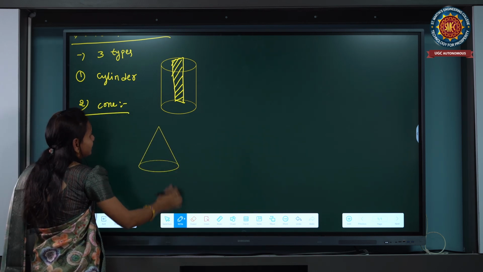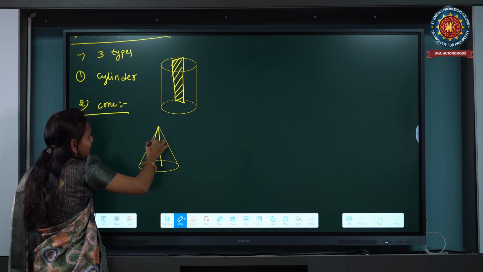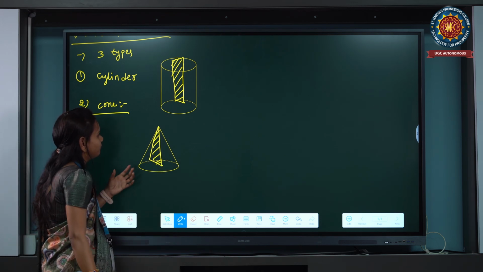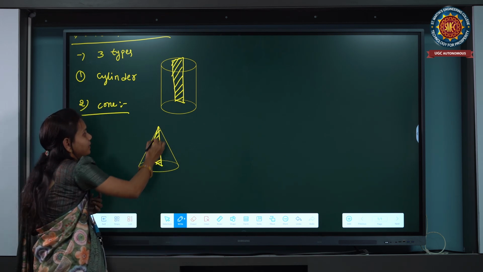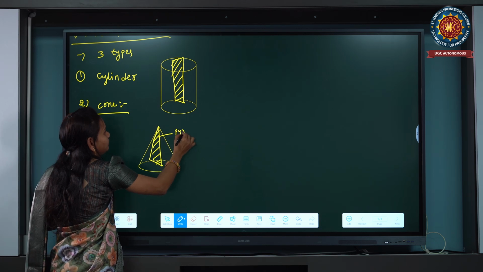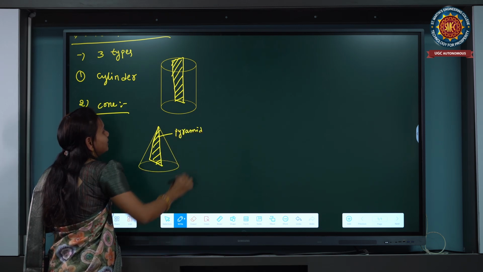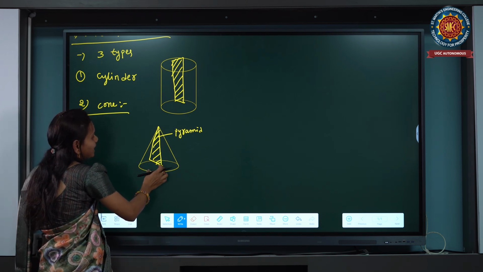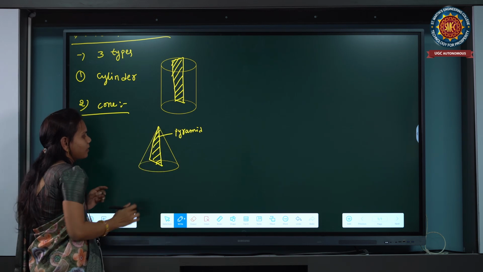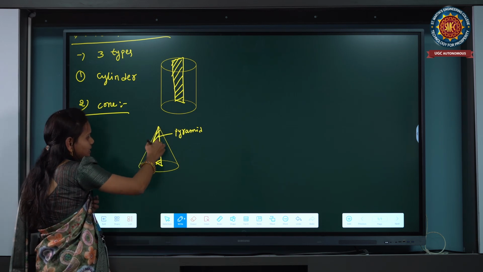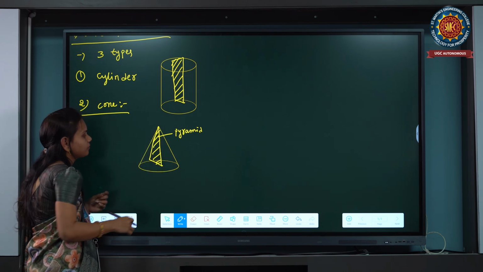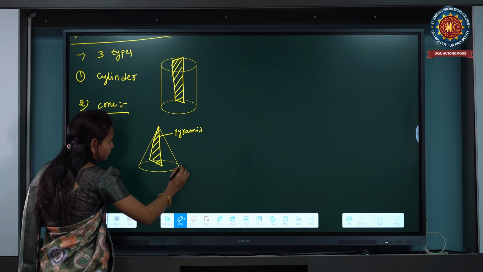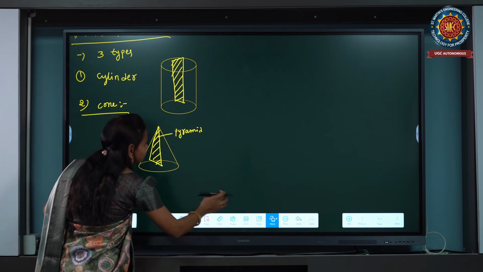Here one of its sides is fixed and it makes a triangular face. Here we can imagine it as a pyramid, having an infinite number of lateral surfaces. It has only one base and apex point, and the axis passes through the midpoint of the base. So this is the cone.